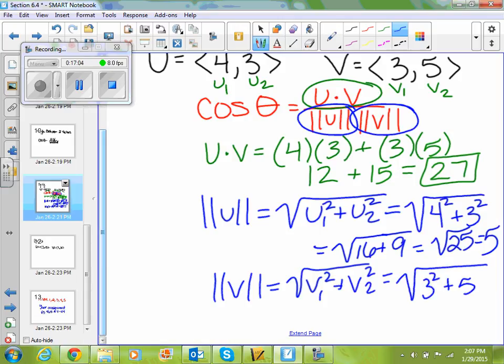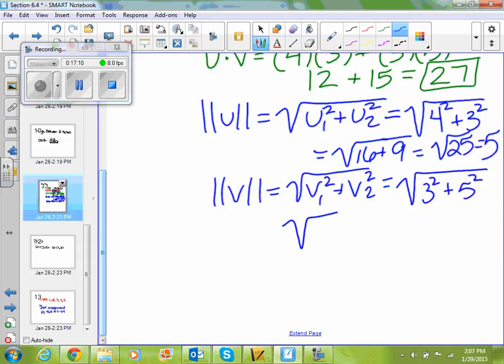V2 is 5, so 5 squared. Three squared is 9, 5 squared is 25, 9 plus 25 is 34. So my magnitude of V is the square root of 34.